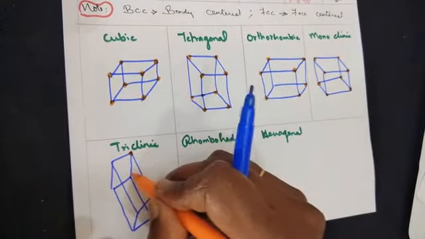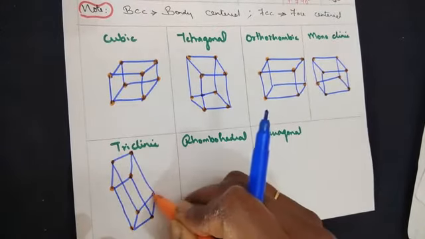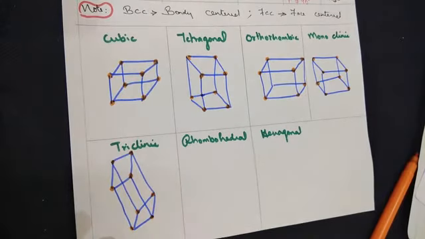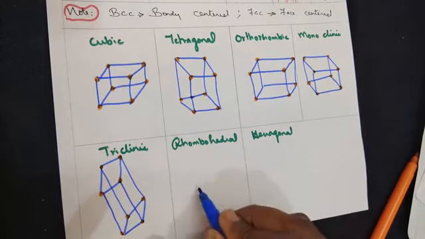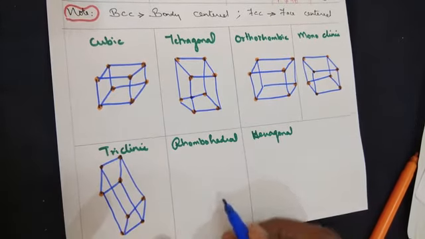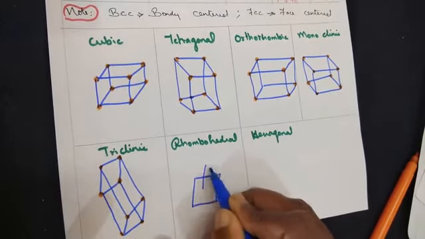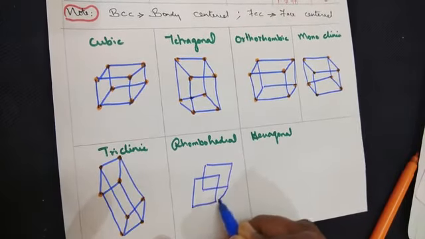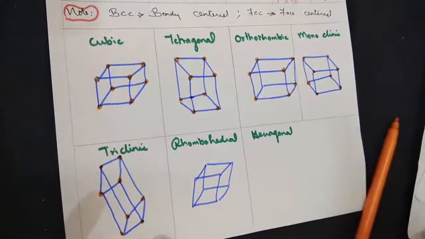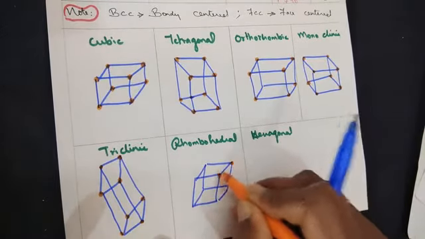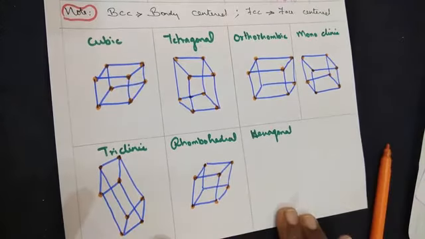So this is the structure of the unit cell of a triclinic. You understand, a unit cell means the smallest unit. Now next one, rhombohedral. A kind of slant cube you have to draw. So this is the structure of rhombohedral. It should be a tilted diagram of a cuboid diagram, that's all.